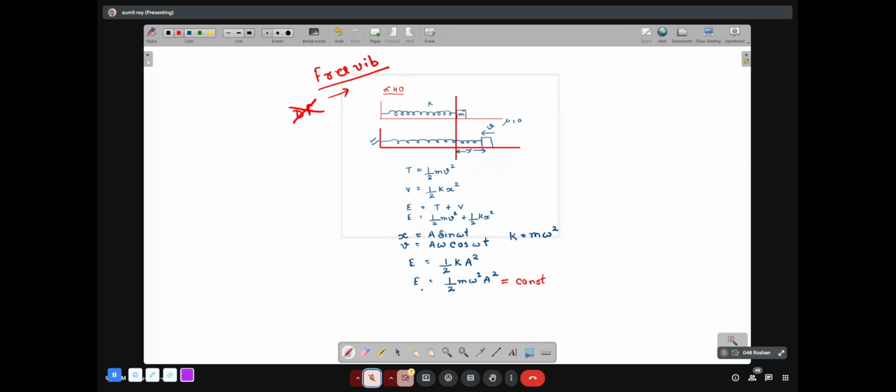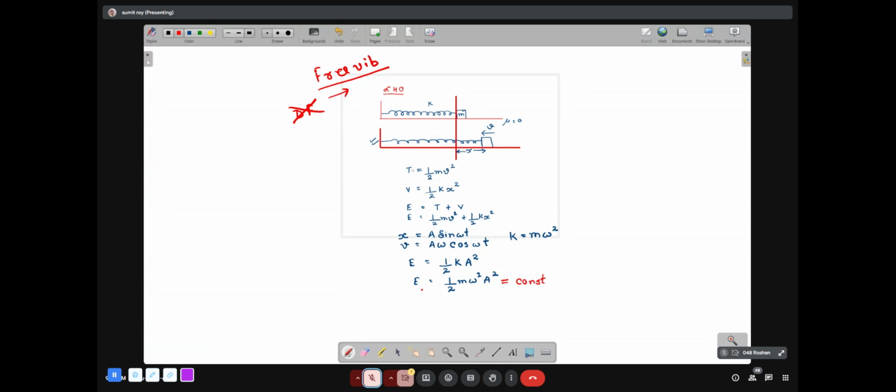If friction had been present, then if you displace it and release, the amplitude will keep on decreasing and finally the particle will stop under the influence of the damping force. But I repeatedly mentioned that right now we are going to discuss free vibration where there is no damping force.